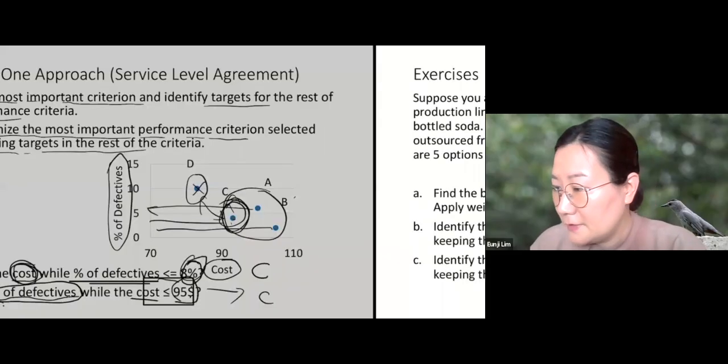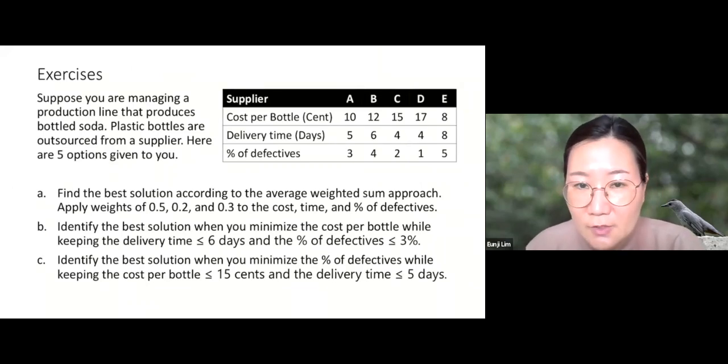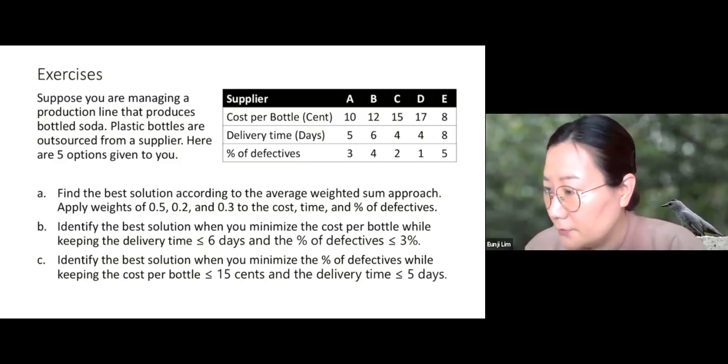Okay. Let's try one more exercise problem. Suppose you are managing a production line that produces bottled soda. Plastic bottles are outsourced from a supplier, and here are 5 options given to you.